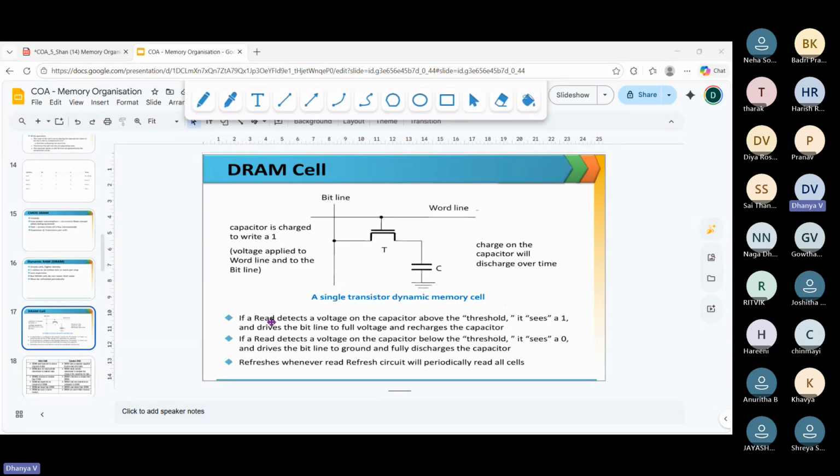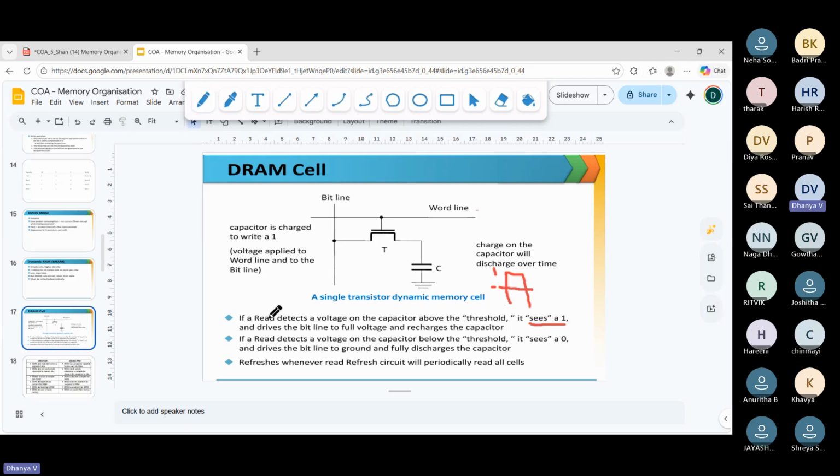So, if a read detects a voltage on the capacitor above the threshold, it's the same concept of this threshold, it sees a 1. Above the threshold value, it is considered as 1 and drives the bit line to full voltage and recharges the capacitor.